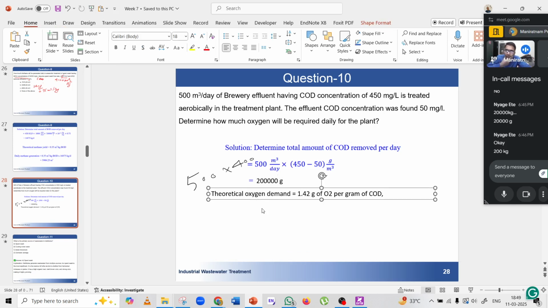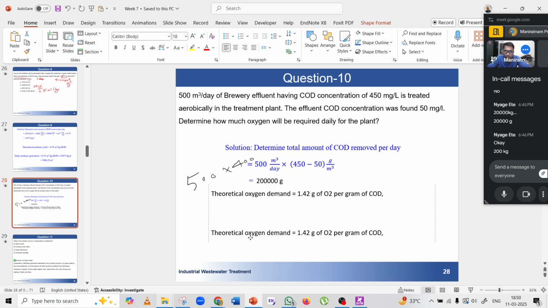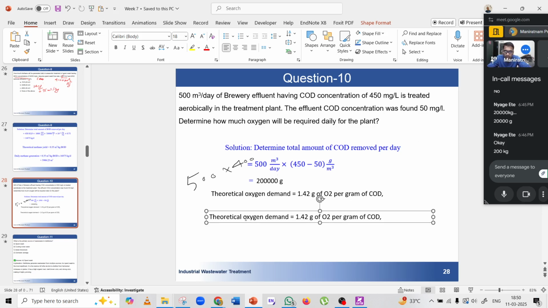So now I have to find out the total oxygen. The oxygen required will be 1.42 into that many grams.